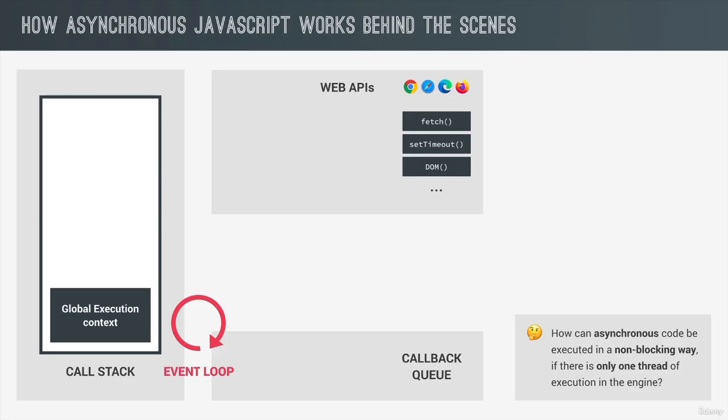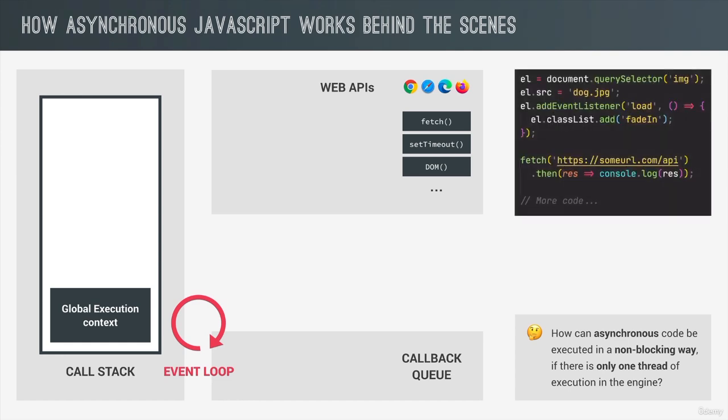And as always, we will do this by looking at a real code example. So let's walk through the code line by line, and I will keep updating the call stack as we go. However, you already know how the call stack works, and so it's best that you focus more on the code and on the web APIs and callback queue.